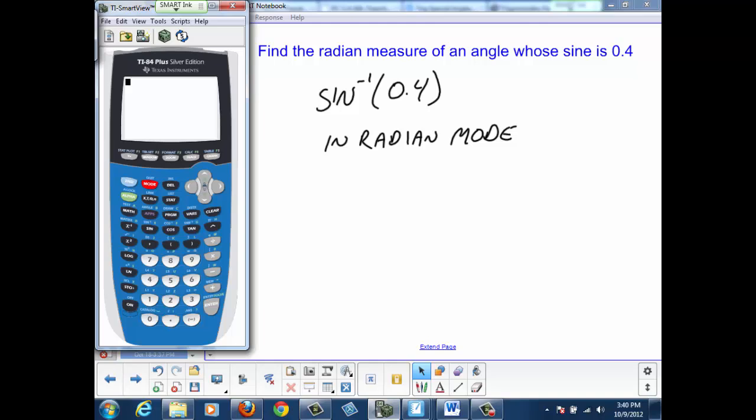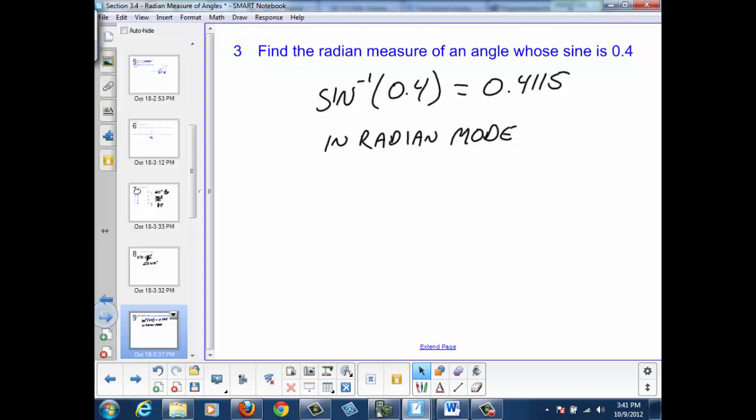And I ask for the inverse sine of 0.4. And I end up with 0.4115.